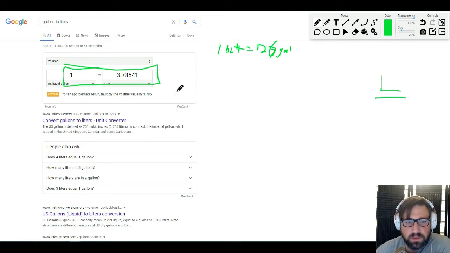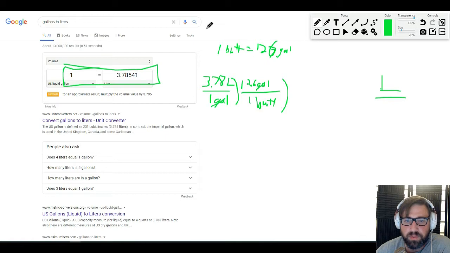We can go about this. So let's start with liters up here. So we have 3.78 liters in 1 gallon. Now we know that 126 gallons is 1 butt. And the gallons cancel.